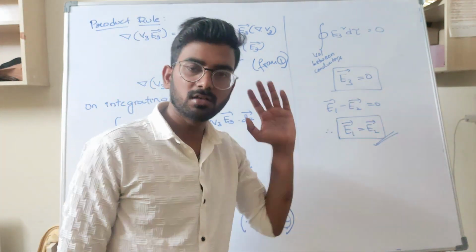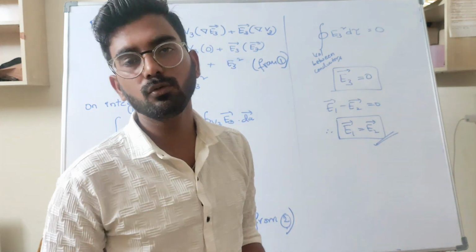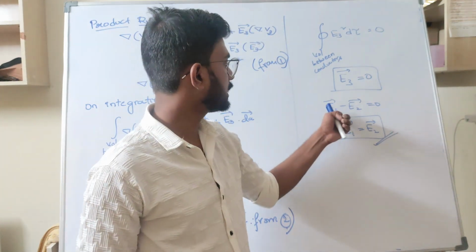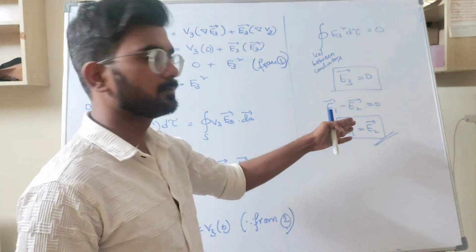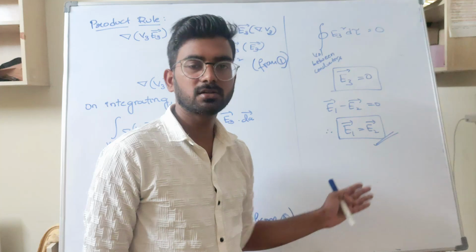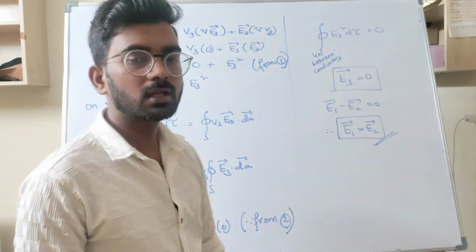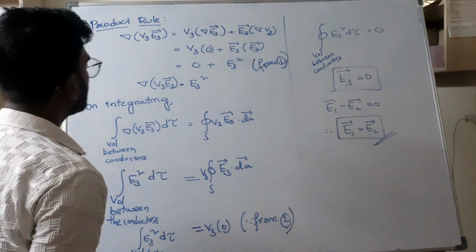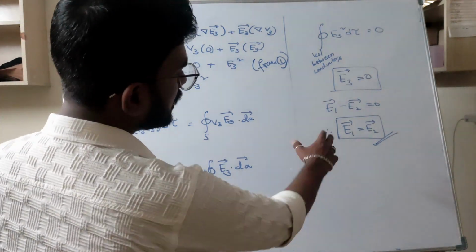What is E3? Initially I defined E3 bar as the new electric field vector, defined as E1 minus E2. So E1 bar minus E2 bar is equal to 0. Transferring E2 bar to the right-hand side, E1 bar is equal to E2 bar.